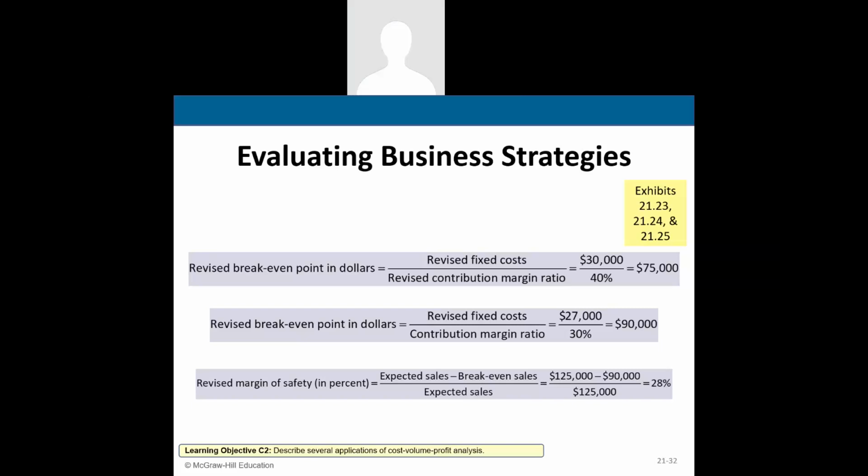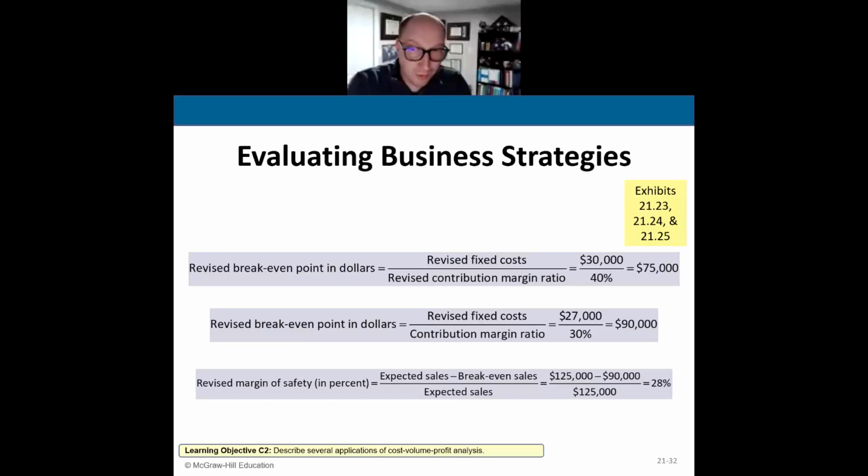So based on those changes, we simply put in the revised amounts into the equation to find the revised break-even points. And we do that same thing for the margin of safety as well.